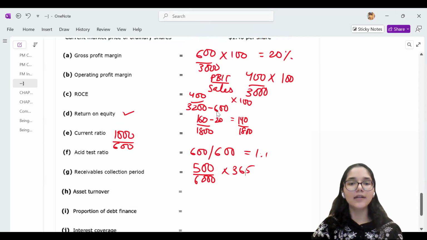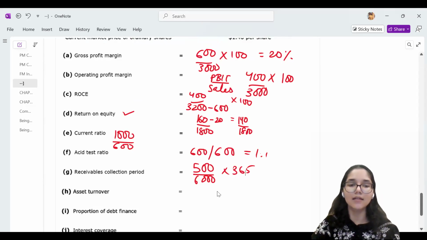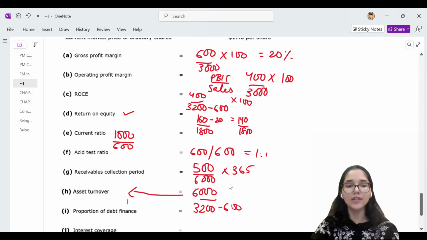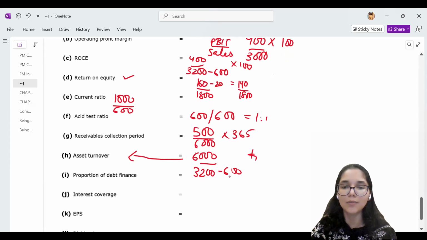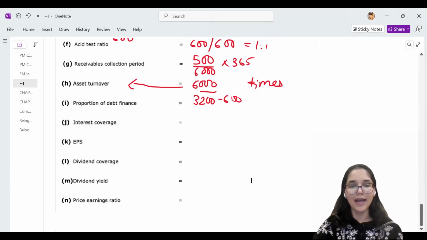Capital employed was 3200 minus 600. And then you have to take the sales in the numerator. So 6000 upon capital employed, which is 3200 minus 600. So this will give you your asset turnover ratio. This will be measured in terms of times. Whatever final answer you get, you will get it in terms of times.